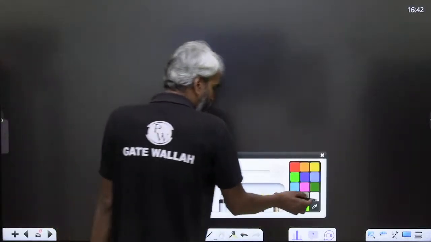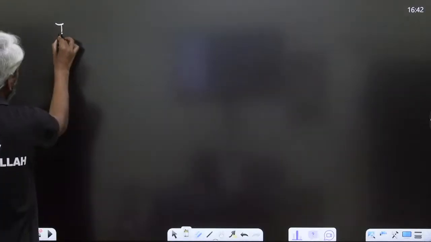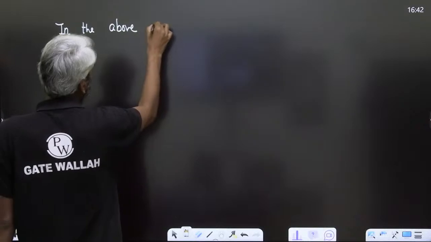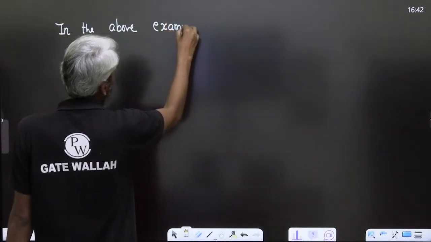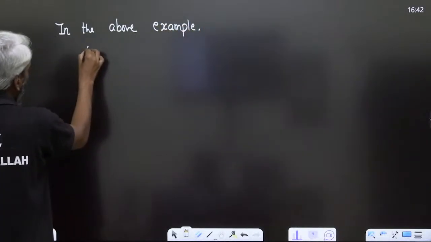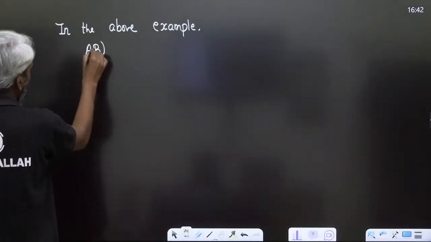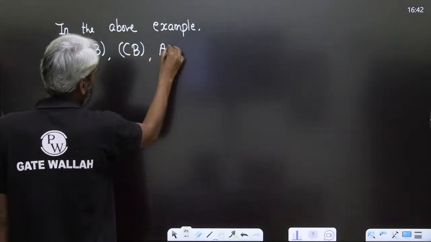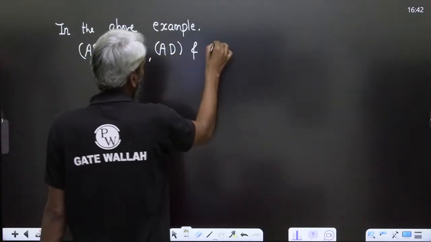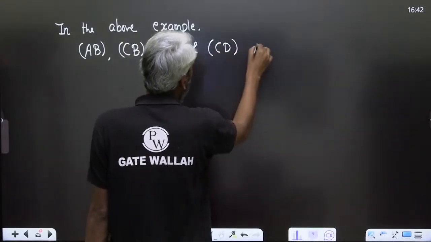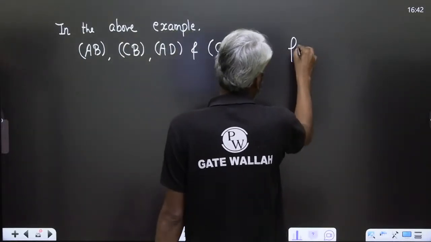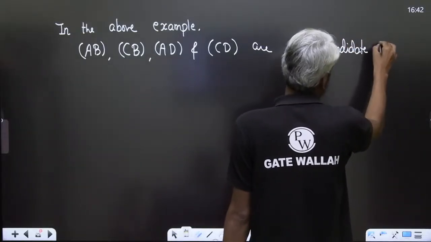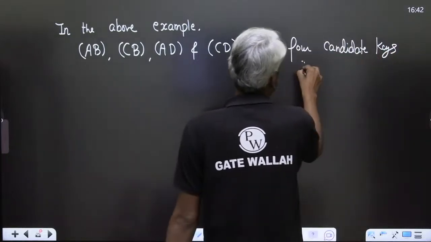Okay, so in the above example, AB, CB, AD, and CD are the four candidate keys of the relation.